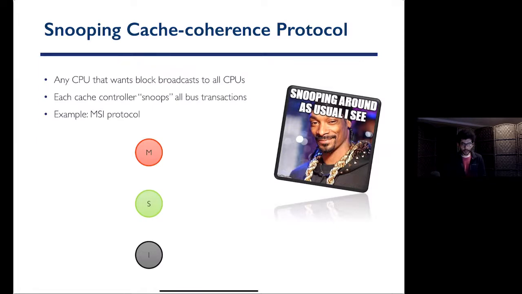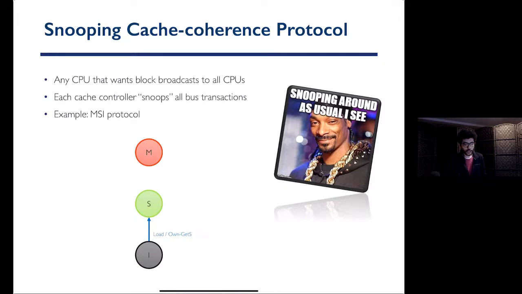Now, MSI implements these transitions between the states. So if your CPU issues a load, then your cache controller sends a GetS: give me this location as shared because I just want to read.